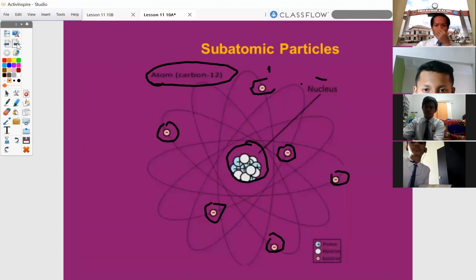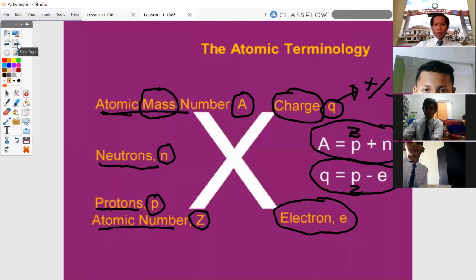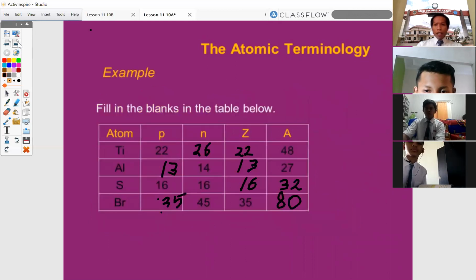Then, before the charge, we talked about atomic terminology. We learned about the mass number, atomic number, and the charge also. We learned how to find the number of protons, neutrons, and electrons, and also the atomic mass.